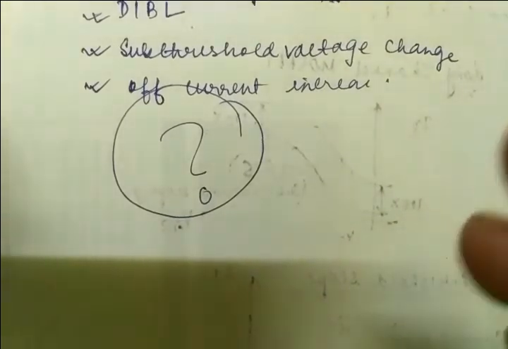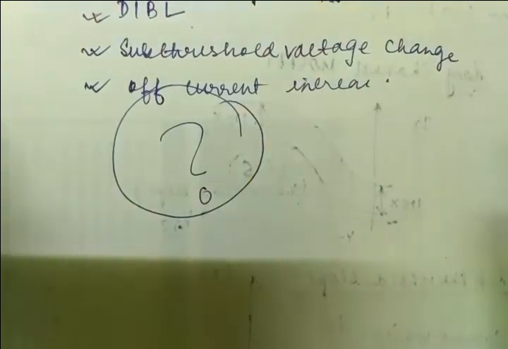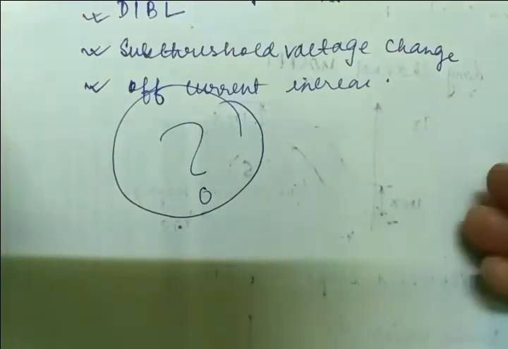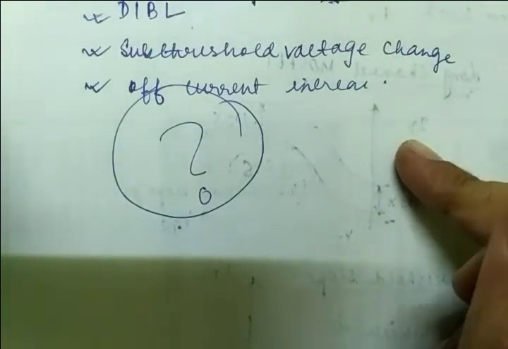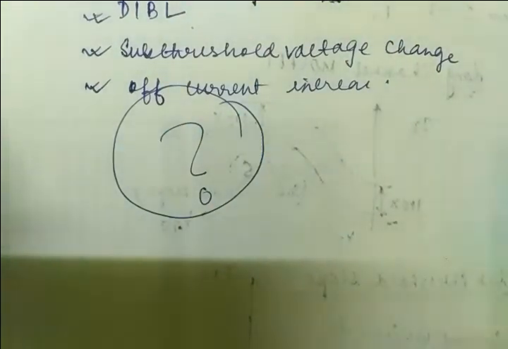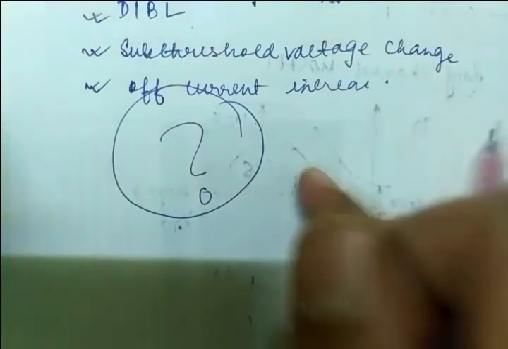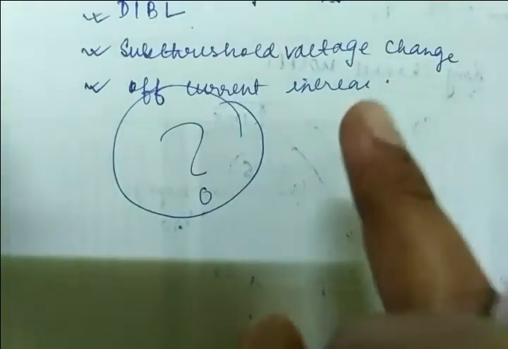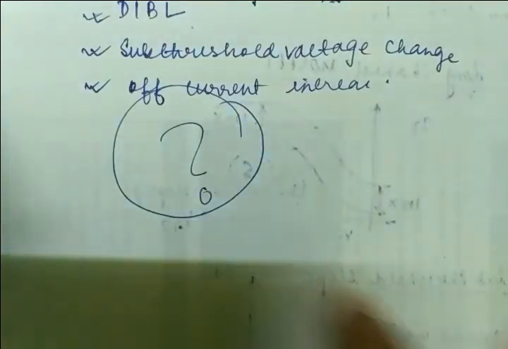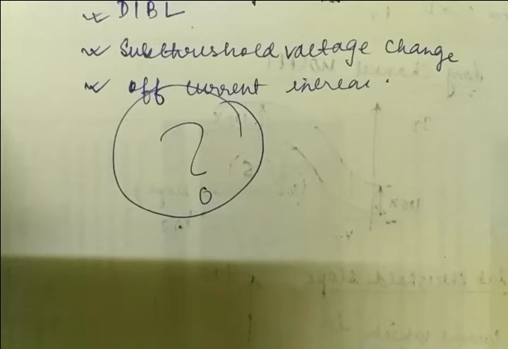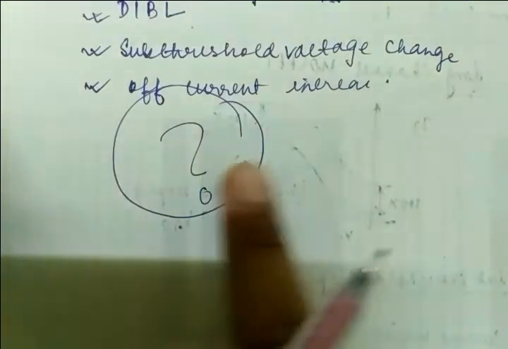As we have seen, the short channel effects are bad for the devices and the circuits. Why are they bad? Because these effects are lowering the gate control over the current flow. This reduces the control of the gate over the current conduction from source to drain.